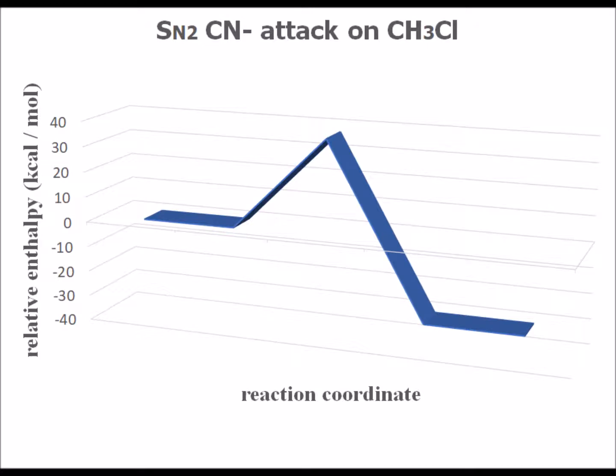Cyanide is a good nucleophile, and chloride ion is a good leaving group. Therefore, we study the SN₂ reaction of cyanide attack on chloromethane. We notice that the energy of activation is approximately 35 kcal per mole, and that this also is an exothermic reaction.